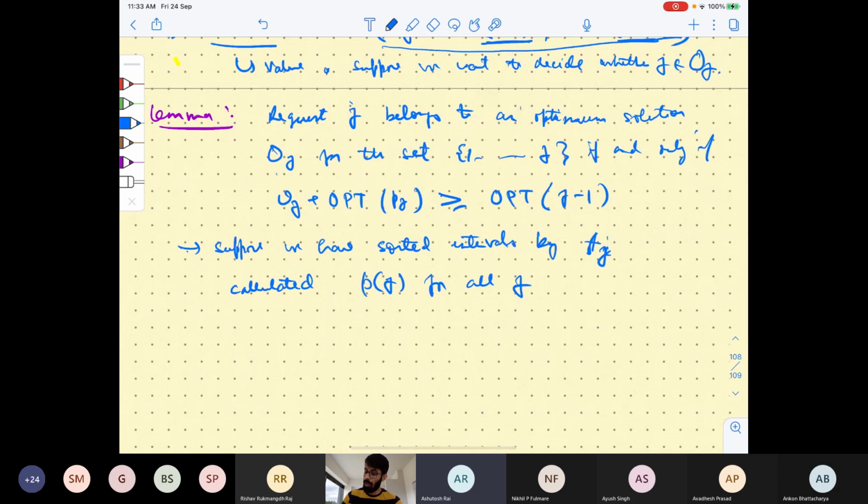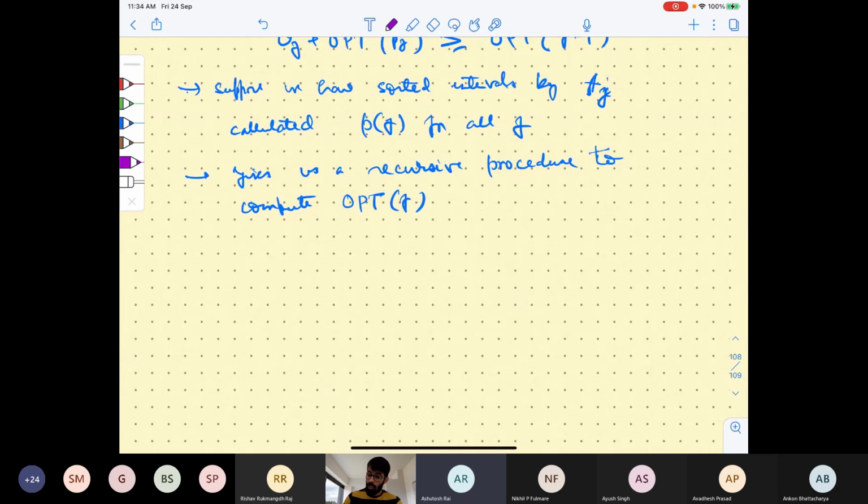Okay. Right. Then this gives us a recursive procedure to compute what? Opt j, right?